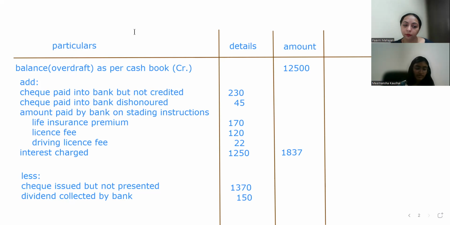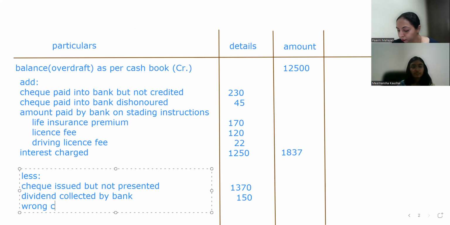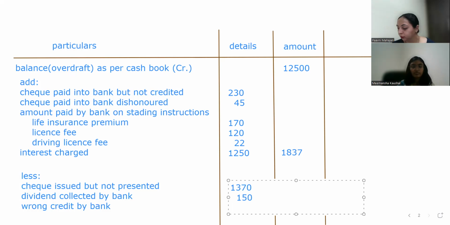My banker has given one wrong credit, which means the money came wrongly. So wrong credit by bank will be deducted. Write it after dividend. Give the total to the right, 1670.